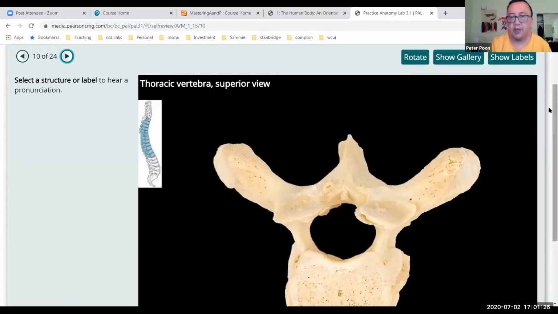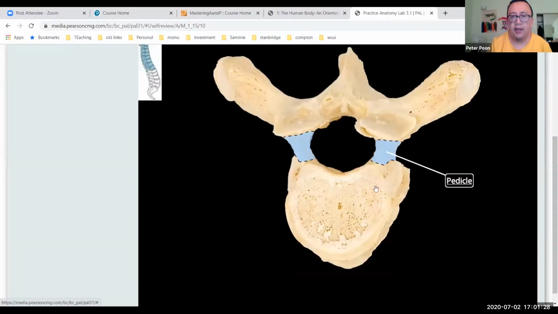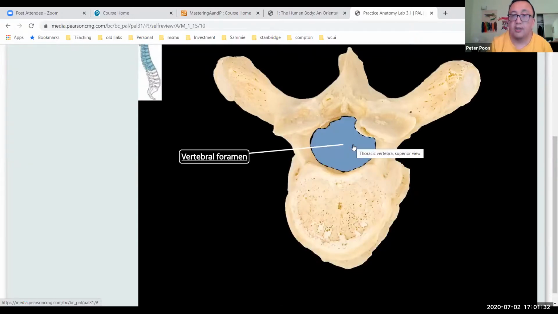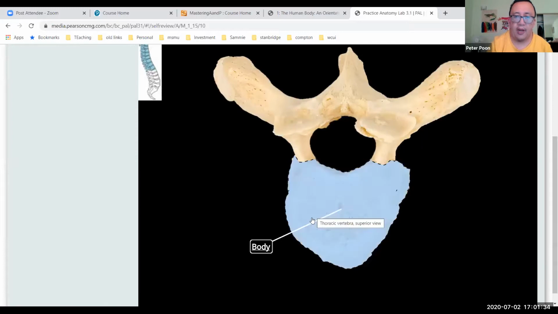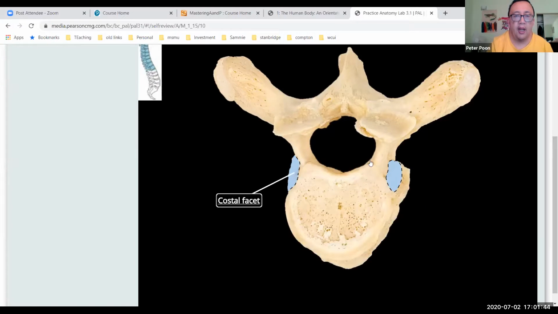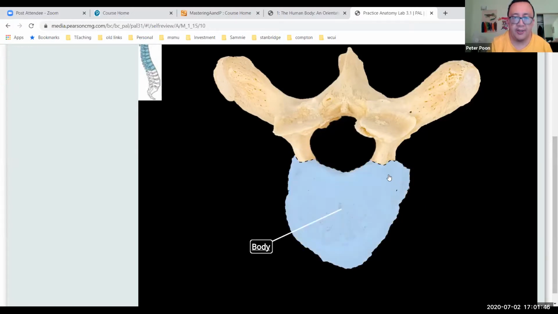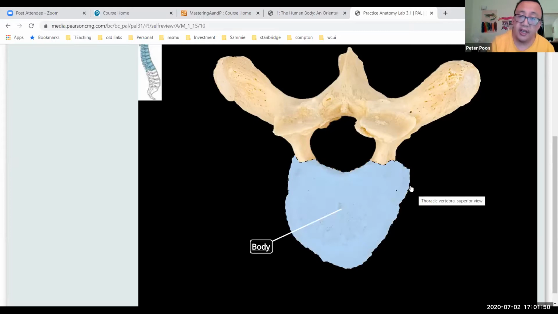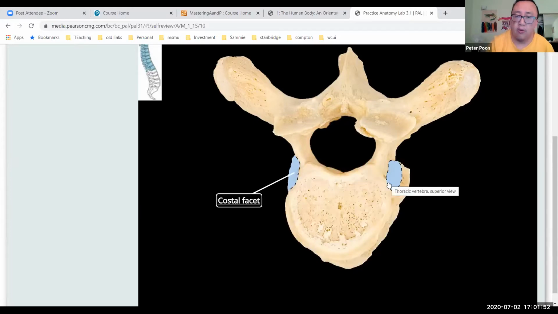Thoracic vertebrae, this is. This is a thoracic vertebrae, and thoracic vertebrae attach to ribs. Because they attach to ribs, there are little indentations where the ribs actually attach. And so here are the costal facets. There's an indentation on the body where the ribs enter.